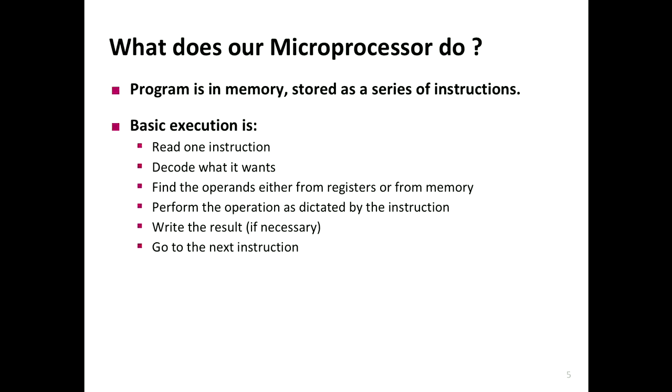Then you perform the operation if needed, so you have add, subtract, load, or whatever the operation is. You perform that corresponding operation, and you write the result, if necessary. And then you go back to the next instruction. These are the steps that our microprocessor has to do in order to execute one single instruction. And a set of instructions becomes a program.